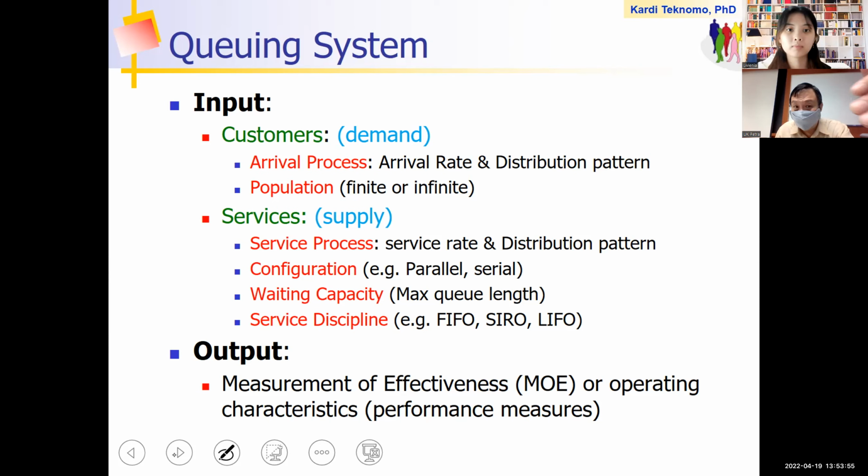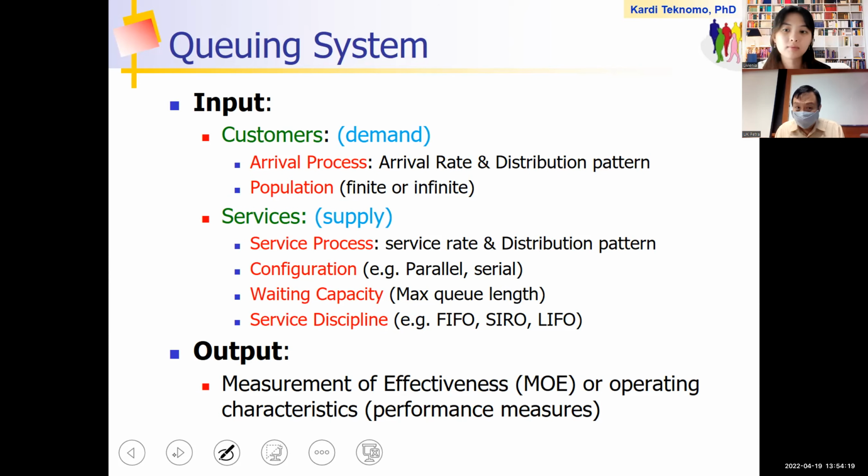The customer here represents the demand side. Okay, you can say about the arrival process, the distribution pattern of this and so on. And then you need to know whether the population is finite or not infinite. Yeah? Second part of the input is the supply side. So I said the supply side is the service.